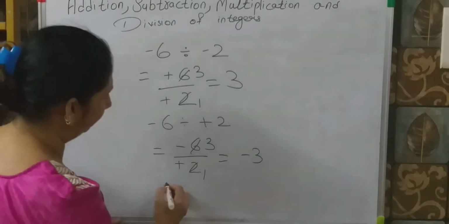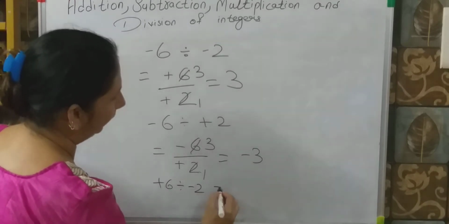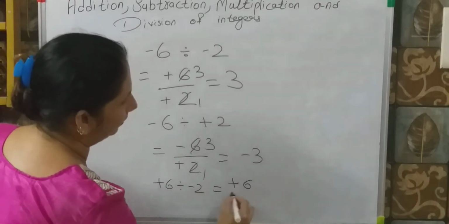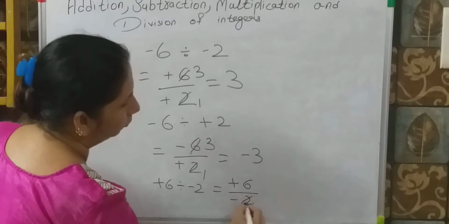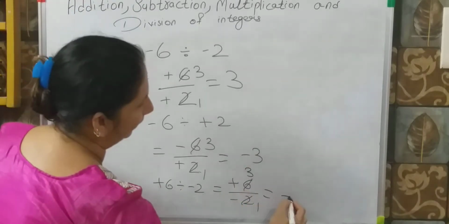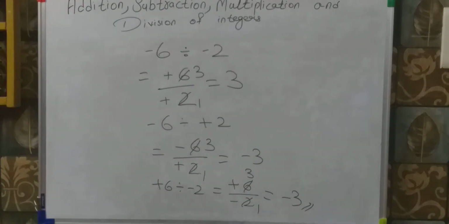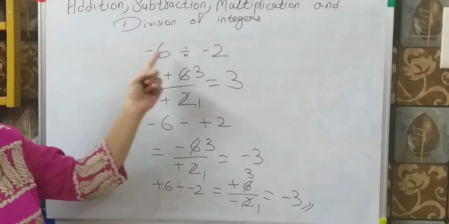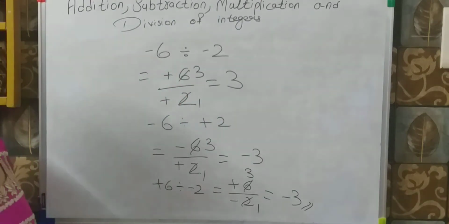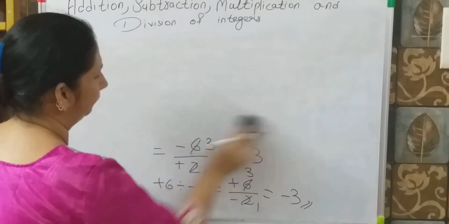Suppose you have plus 6 divided by minus 2, again in the same way plus 6 upon minus 2. 2 ones are 2, 2 threes are 6, but negative and positive is negative, so you will get the answer minus 3. So in multiplication and division, two negative signs will convert into a positive sign.